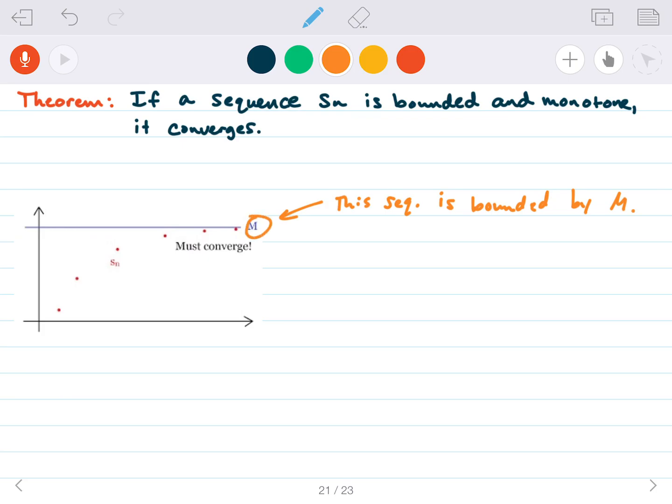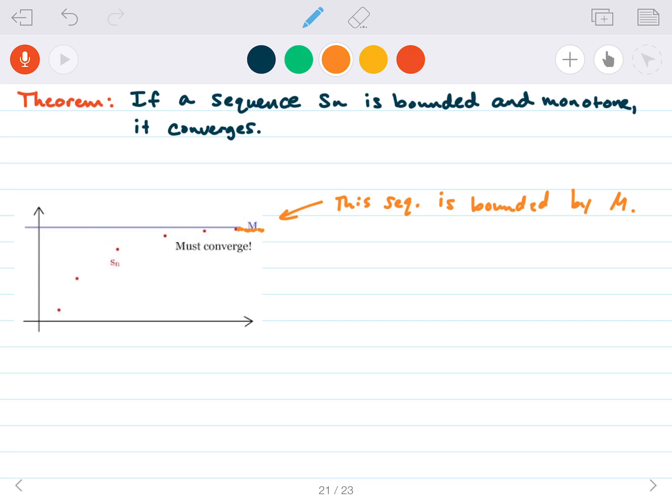M is going to be our limiting value. The idea is that if this sequence is constantly increasing, aka monotone, then it's eventually going to pile up onto this limiting value, right?